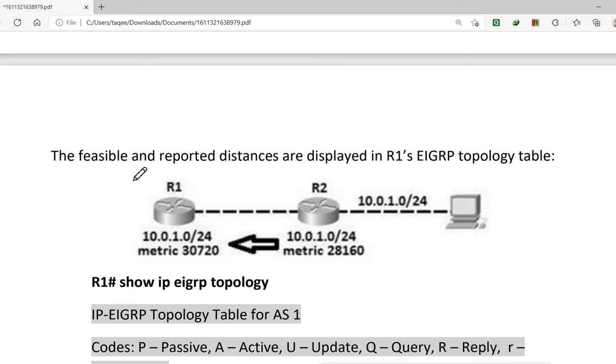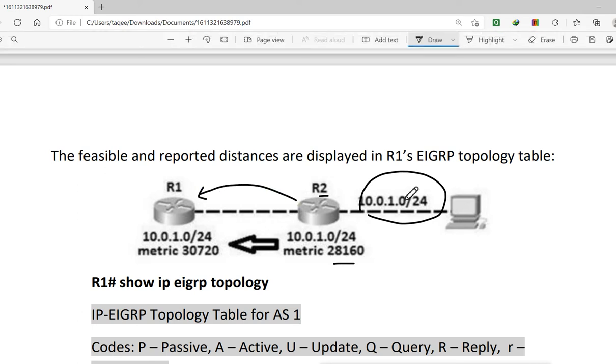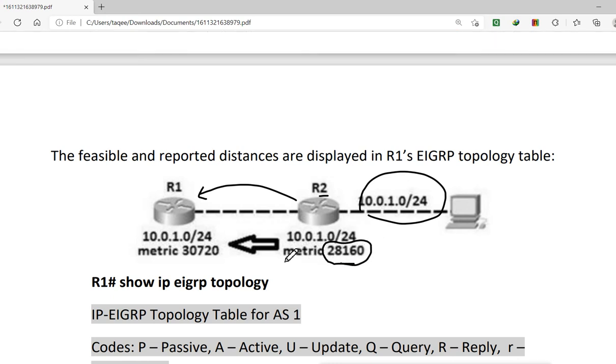So the feasible and reported distance are displayed here. Router 2 is connected to this network, and the metric is this for router 2. When router 2 sends the information to router 1, it says I can reach this network by using this metric. So this is the reported distance for router 1.